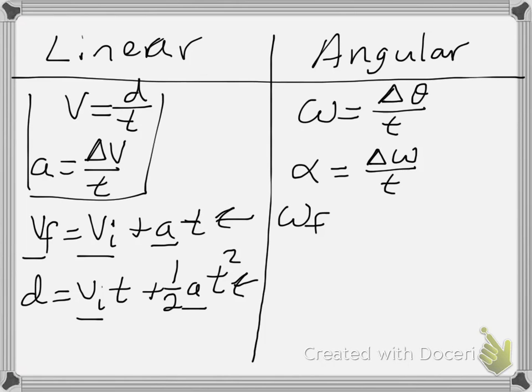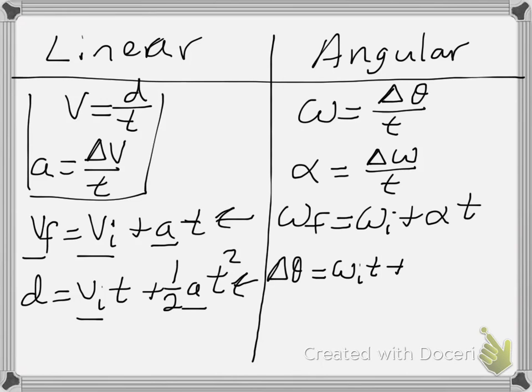So we can have omega f is equal to omega initial plus alpha t, and delta theta is going to be equal to omega i t plus 1/2 alpha t squared. Okay? And this is perfectly applicable.